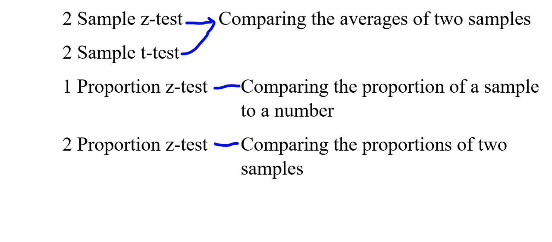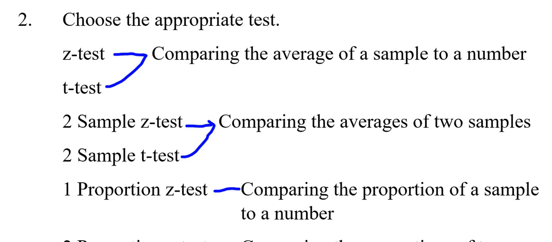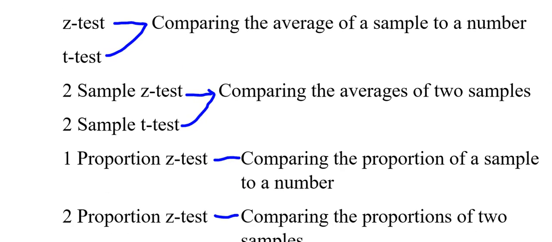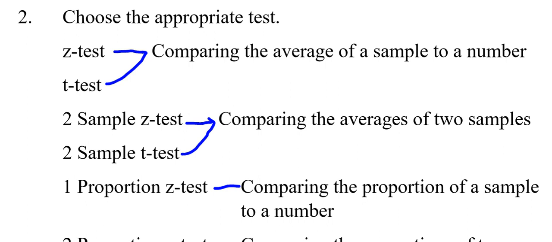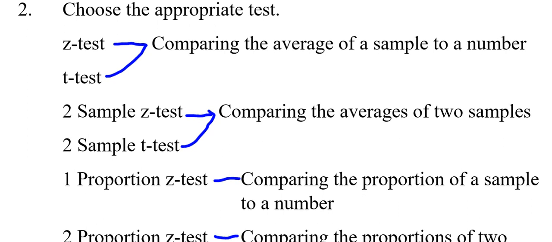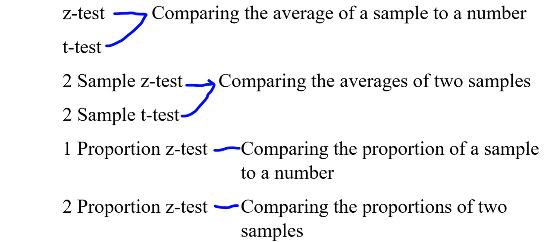We just have a one proportion z-test. The one proportion is if you're comparing like the proportion of students at OHS who are in sports to a national proportion. Two proportion z-test is if you're comparing the proportions of males and females who are in sports. Okay? Notice these 6 choices all follow from the hypotheses you set up. So whatever you set up for your hypotheses, you choose the test based on your hypotheses.